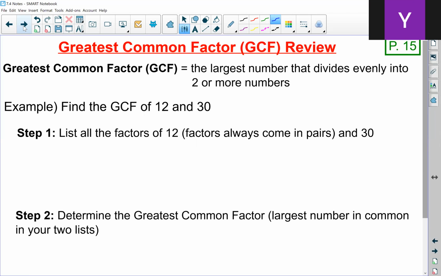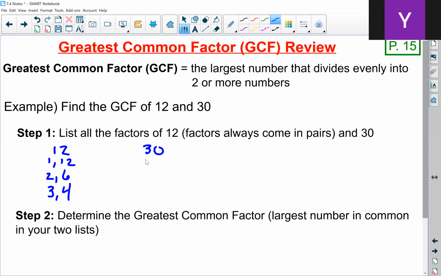So this idea, greatest common factor, it's the largest number that divides evenly into two or more numbers. So finding the greatest common factor of 12 and 30, one way to do that is to take 12 and 30 and factor using the rules of divisibility. So 1 and 12, 2 and 6, 3 and 4.